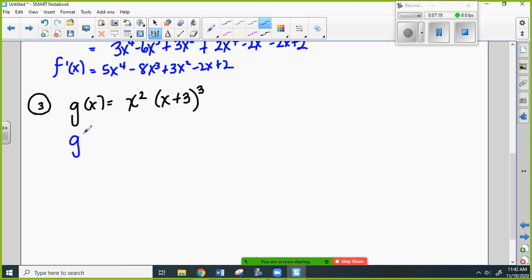My derivative will equal the first function times the derivative of the second function. What rule do I need for that derivative? What rule do I need to take the derivative? Yes, Nick, the chain rule. Very good. All right, the power chain.